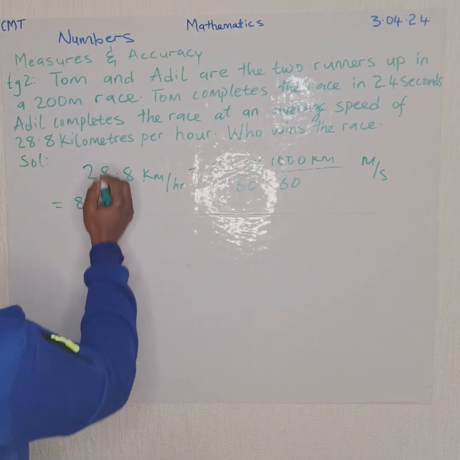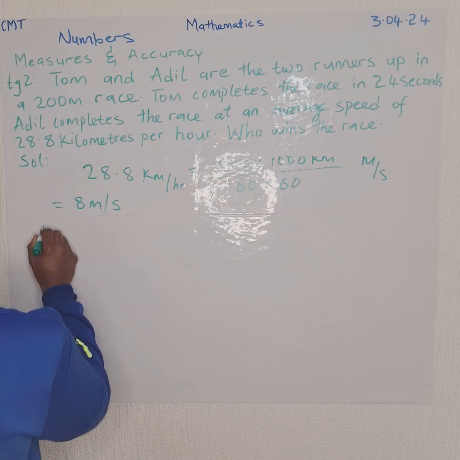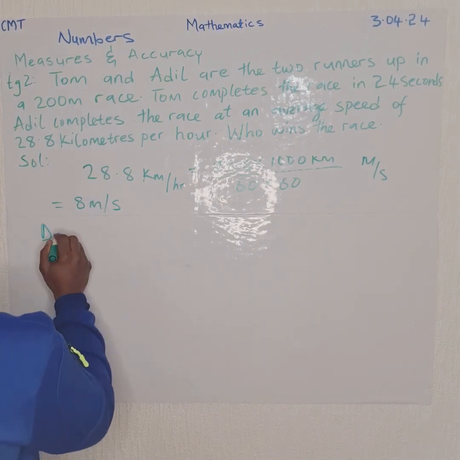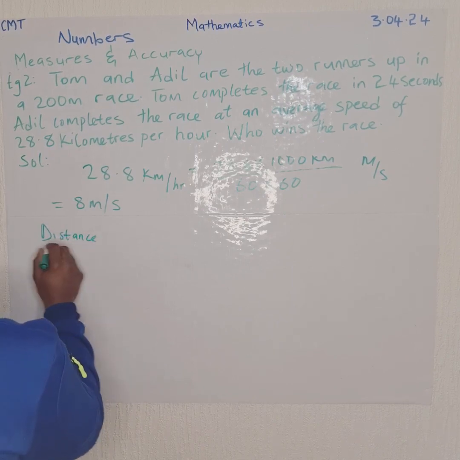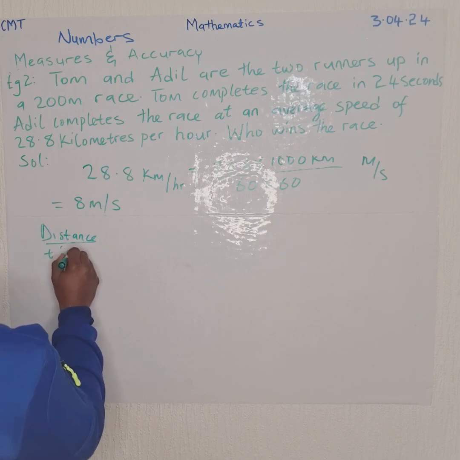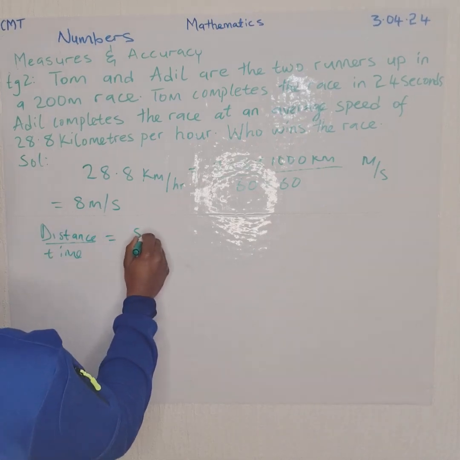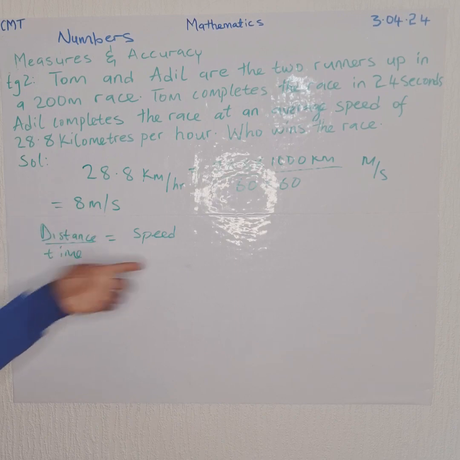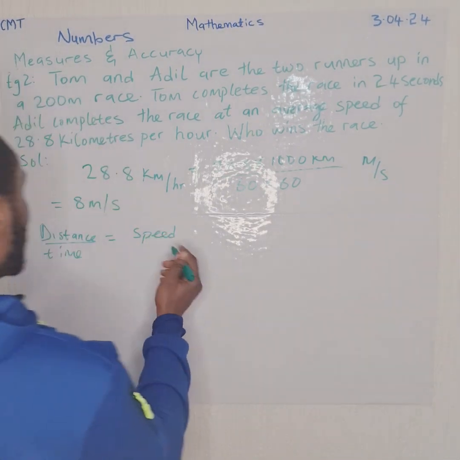All right. So distance over time is the same thing as speed, which we can tell when it says the speed is meter per second. Meter is distance, second is time. That's speed.